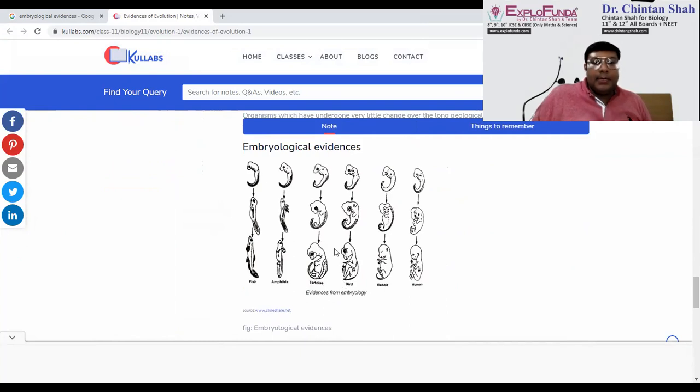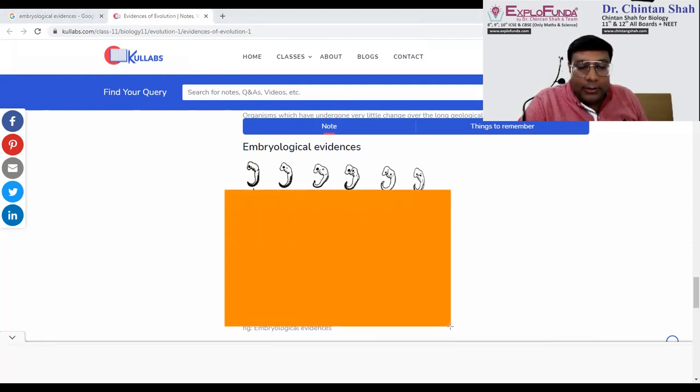Sometimes some people show the characters of their ancestors, and that is known as atavism. The mutation goes in the reverse direction, and that is known as atavism. I will show you that also. Just look here, how similar it is. It's 100% similar. Yes or no?